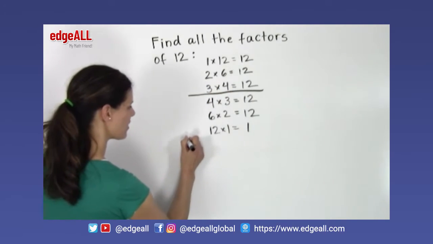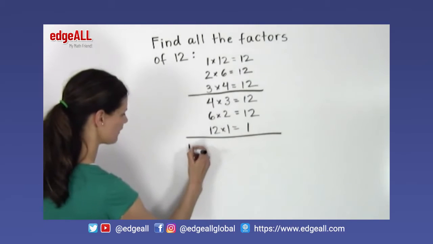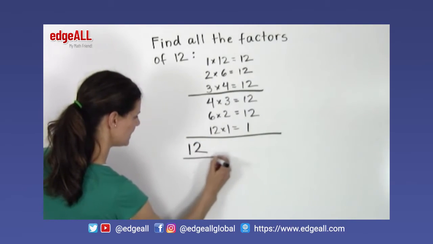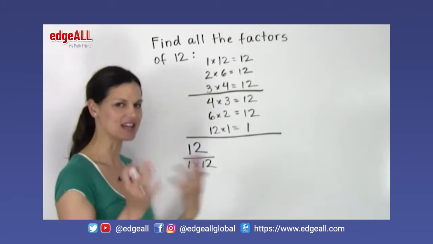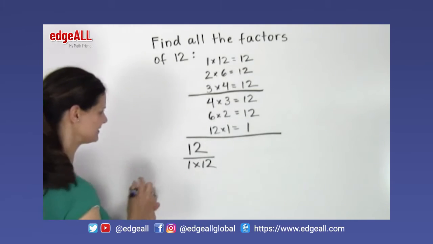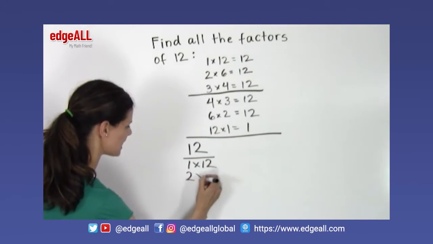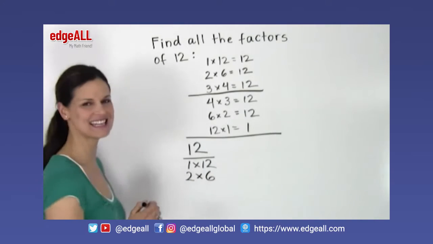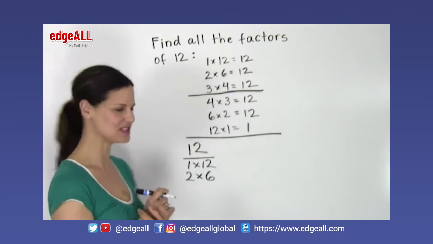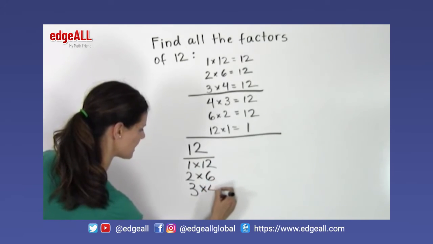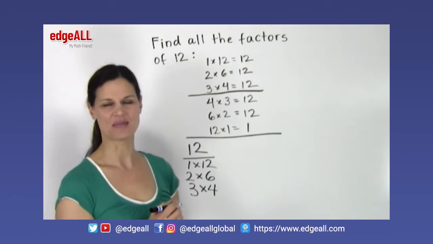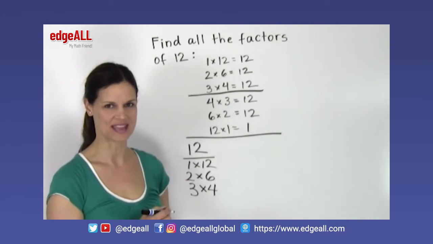So really what we have when we're looking for the factors of 12 is 1 times 12 and its opposite, 12 times 1. And then we have 2 times 6 and its opposite, 6 times 2. And then we just have one more, which is 3 times 4, and its opposite, which is 4 times 3.